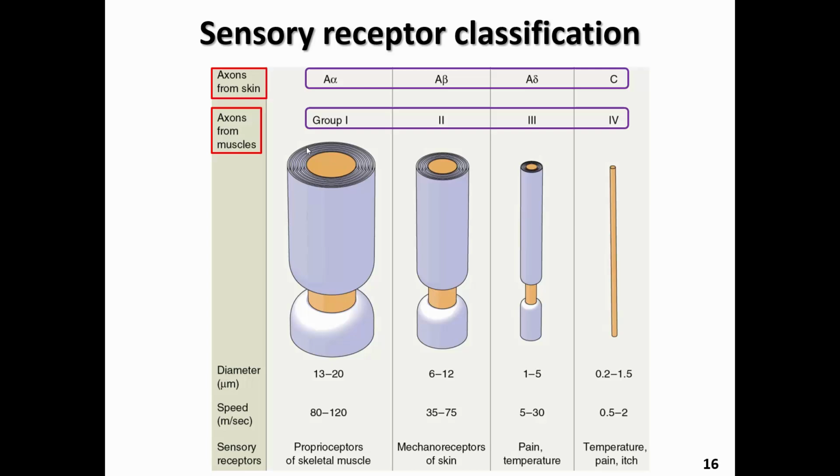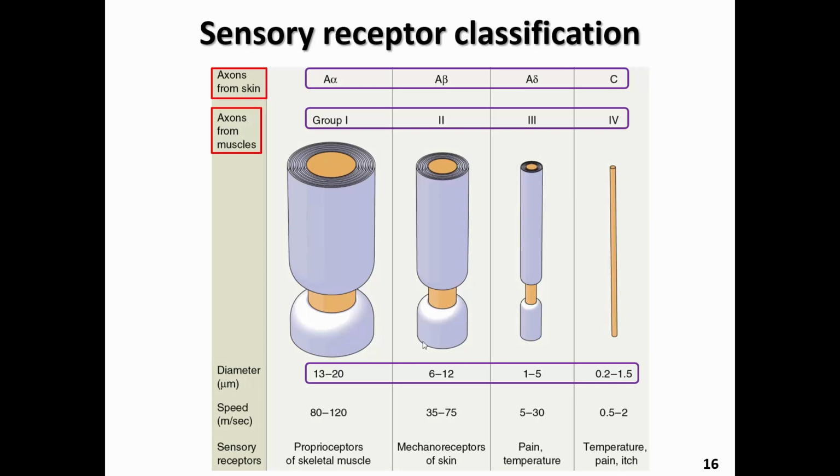And we see that the A alphas in group 1 are extensively myelinated and are of the largest diameter. A betas or type 2, A deltas or type 3, we see that these progressively decrease in caliber or diameter of the actual axon, and the myelination gets thinner and thinner until we get to C or type 4 sensory receptors, which are bare axons which are not myelinated.